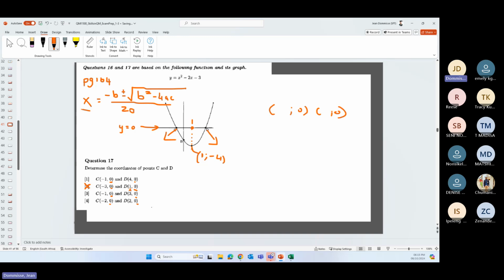You can always use this to get to those two points, and it will work out. Another method is to factorize. I'm going to show you both. I'm more comfortable with factorization because I've done that so many times, but I will show you both so that you can see and use both.